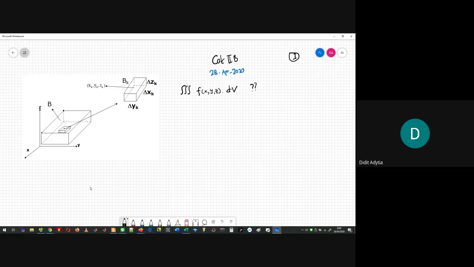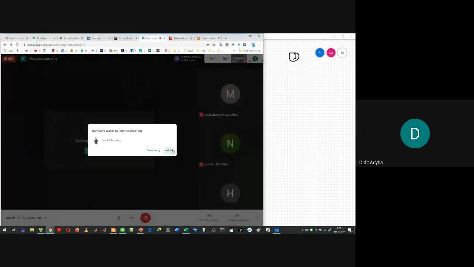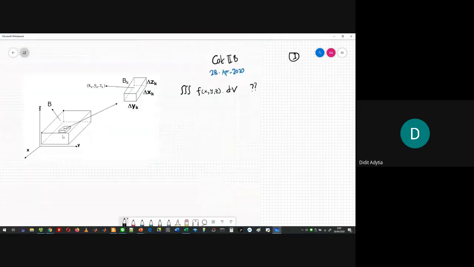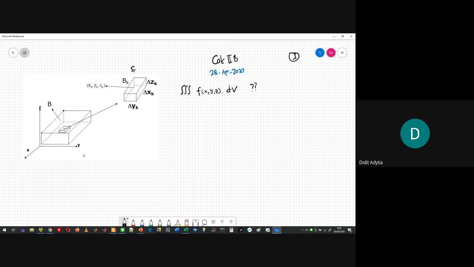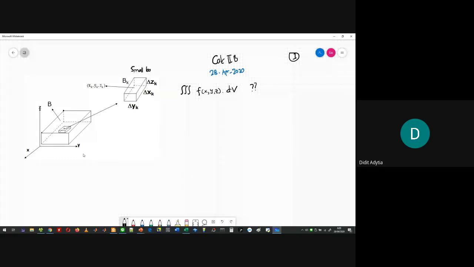So we consider a box, and then we make it into a smaller box. Let's say this is a small box shape.